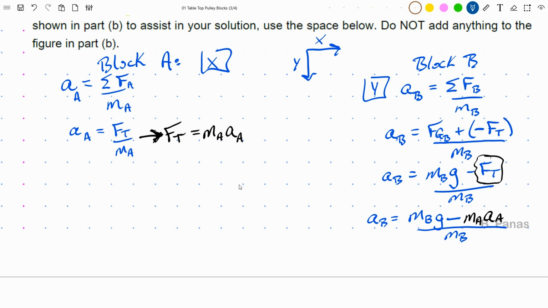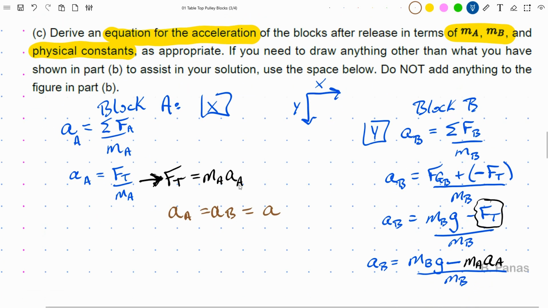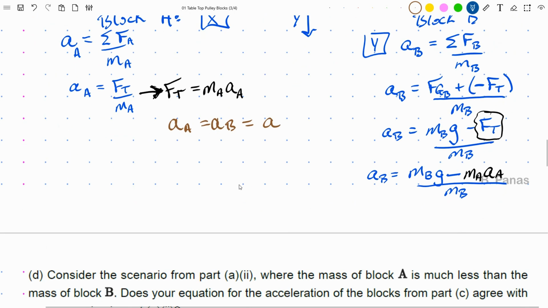So the truth is, I can take advantage of the fact that the acceleration of A and the acceleration of B are numerically identical. So how about if I just record them both as a, which is what they've been asking me to find, right? Just the acceleration of the blocks. Well, they both have the same acceleration. So let me take this equation in here, and I'm going to drop the subscripts on the accelerations.